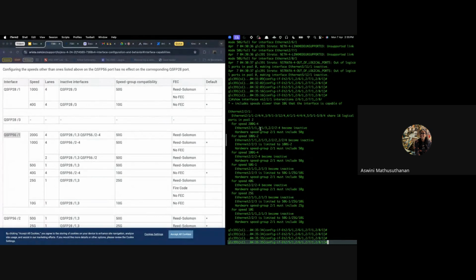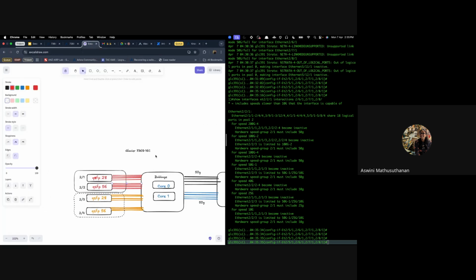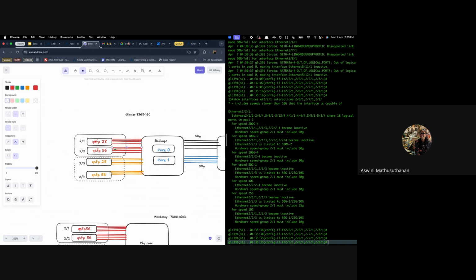Yeah. So if we see here, what will happen if 2/2/1 is configured as 200 gig across 4 lanes? Each lane will operate at 50 gig. If we check the diagram, we are seeing this part, 50 gig, this one.